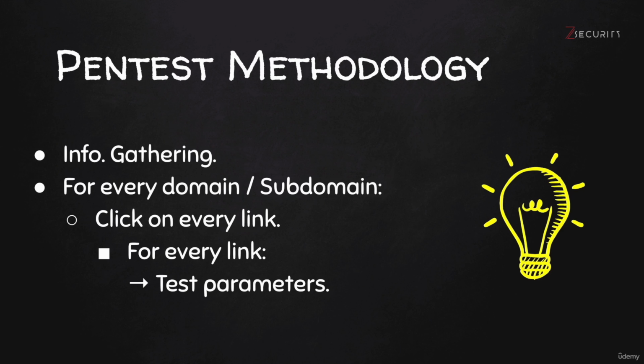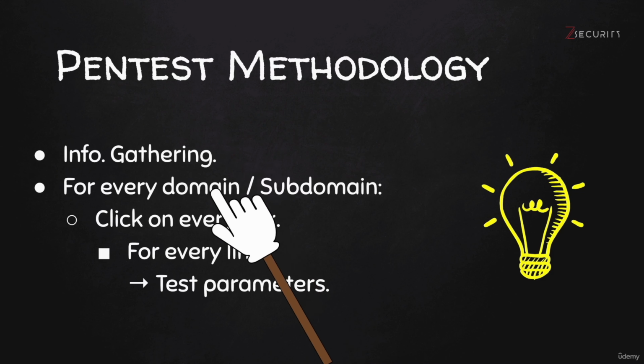But if you're pen testing a specific website, you're going to have to try every single vulnerability that you learned. So the basic methodology would be to first of all gather as much information as possible about the target as usual, discover all of the subdomains, all of the hidden directories, all of the web applications installed on it.